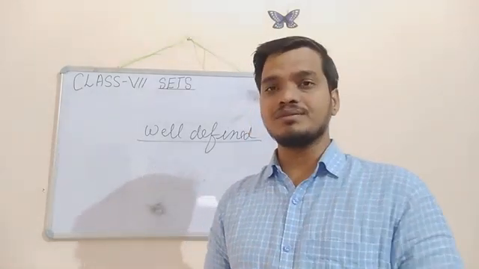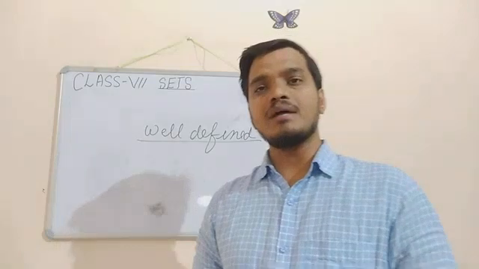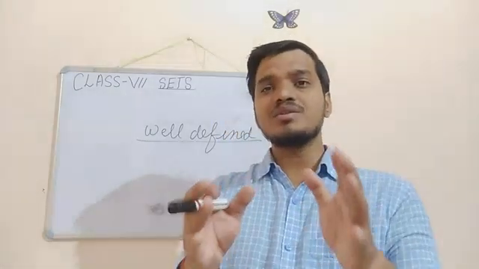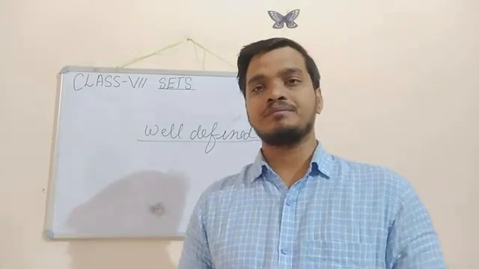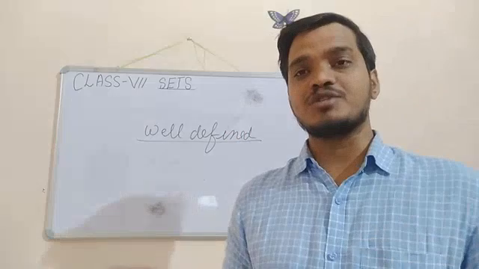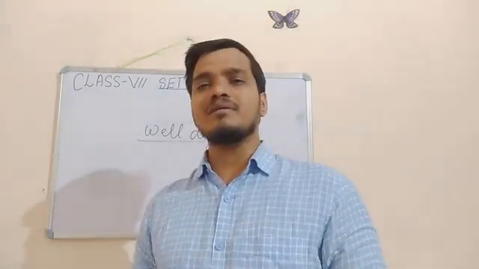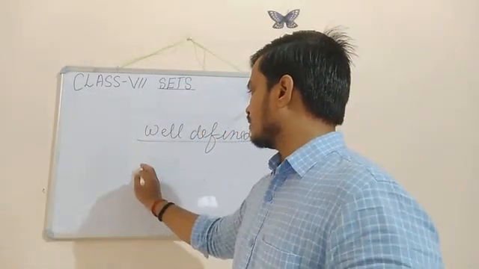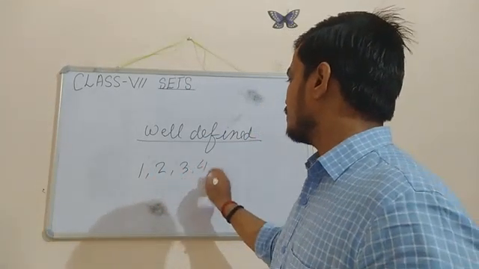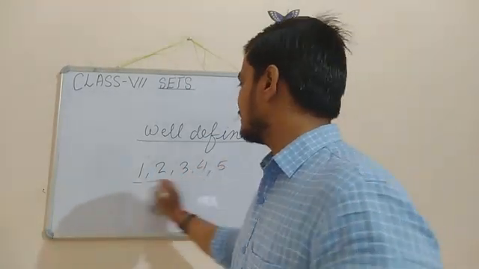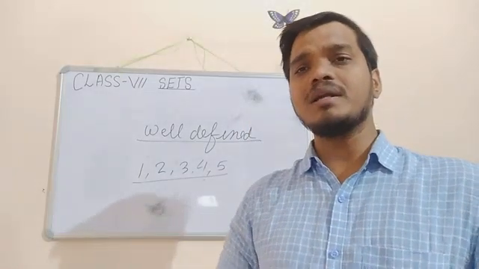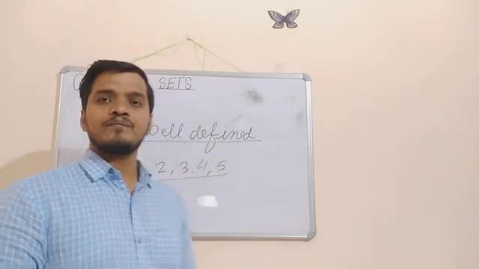Same answer means, suppose I ask you to write the first 5 natural numbers. Definitely everybody will start from 1, 2, 3, 4 and 5. So this is well defined. Nobody will get any other answer.